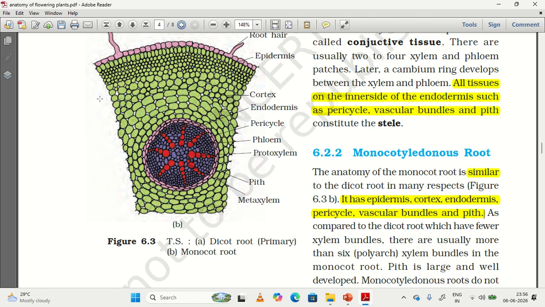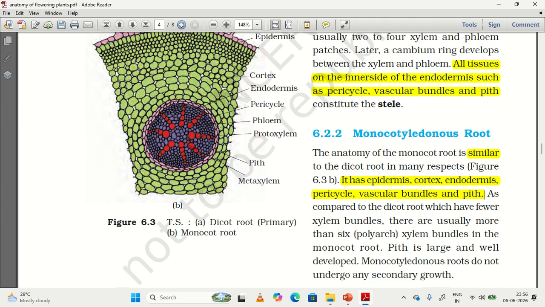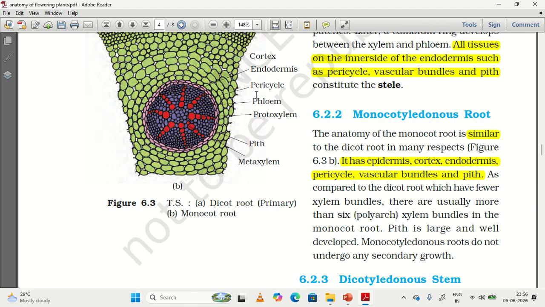So, epidermis, below this cortex. In the cortex you can see tiny intercellular spaces like the dicot root. Below the cortex you can see the innermost layer is endodermis, and below the endodermis you will have the pericycle.